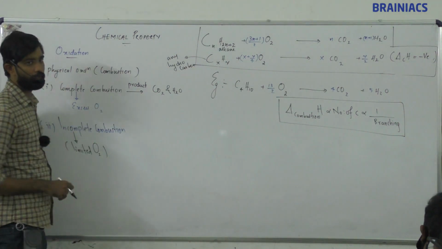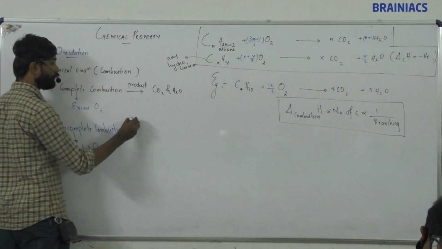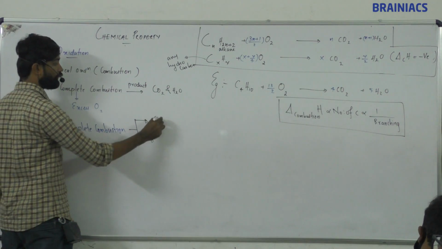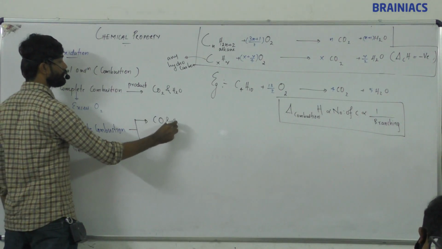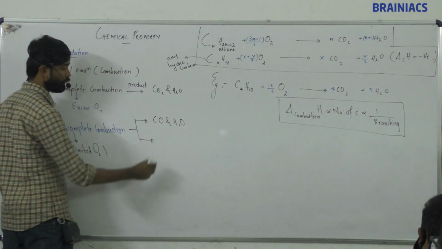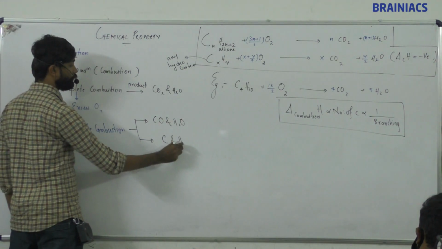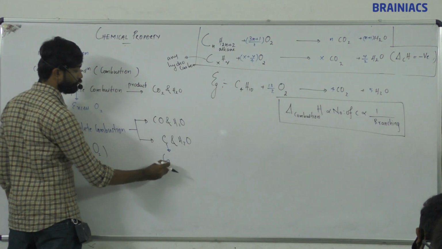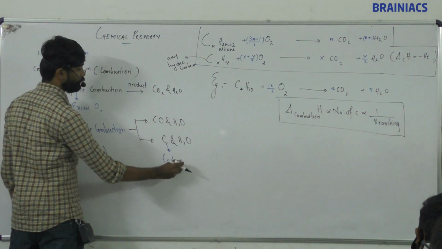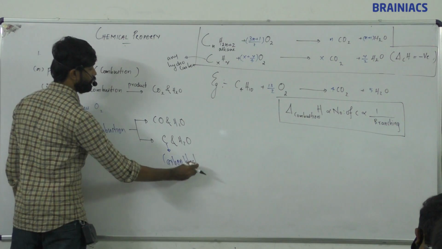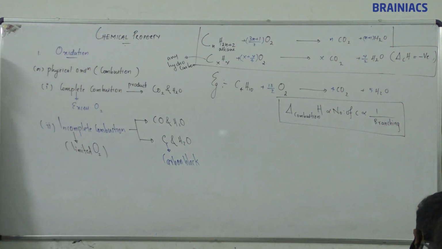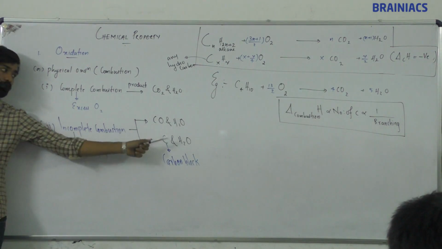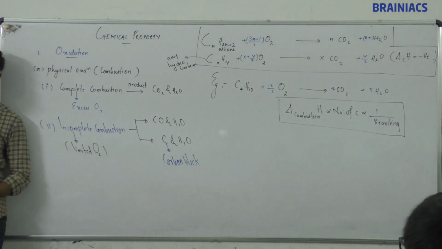Here the carbon is known as carbon black. So this is the product combination in the limited combustion of alkane.